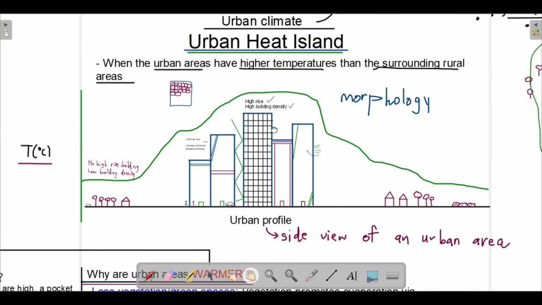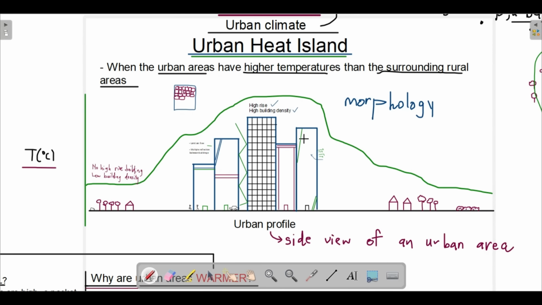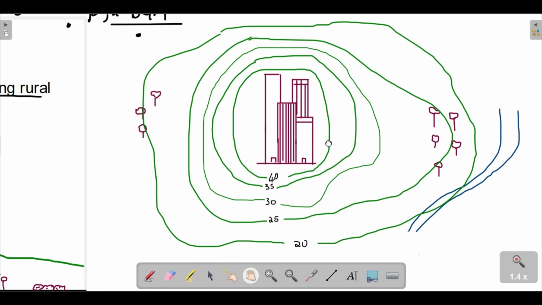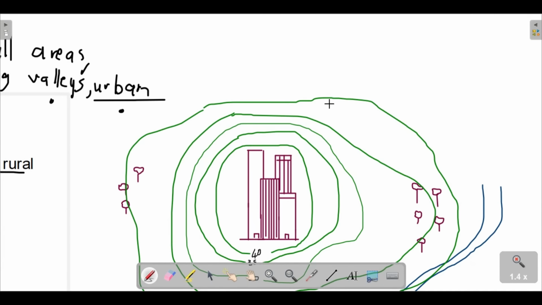We are saying that urban areas generally have higher temperatures than the surrounding rural areas, and we call that an urban heat island. Sometimes these temperatures are represented by isotherms. Isotherms are simply these lines, all of these lines in red, all of those are isotherms.